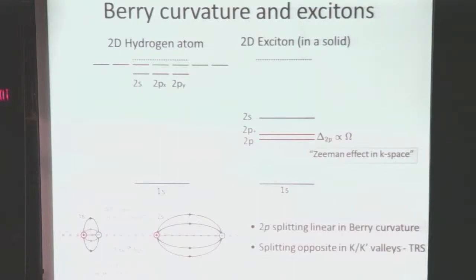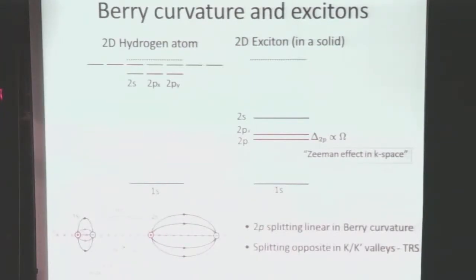Now, the really nice thing is that there are 2 aspects. The first one is that screening is very special in this material system. So basically, for strongly bound excitons with a Bohr radius on the order of 1 nanometer, all the electric field lines are effectively screened by the material. If you go to higher excitonic states, which have a larger Bohr radius, then the screening becomes less effective.